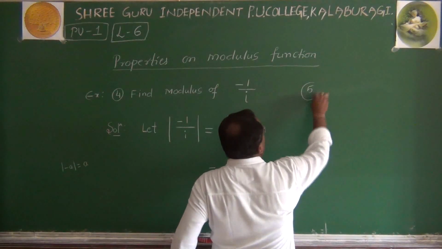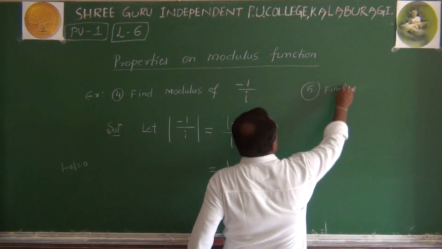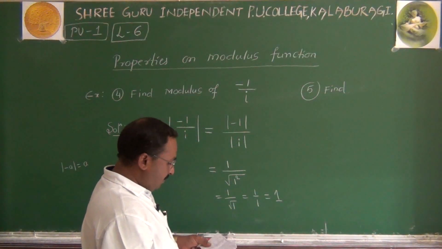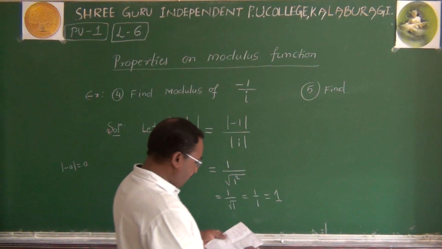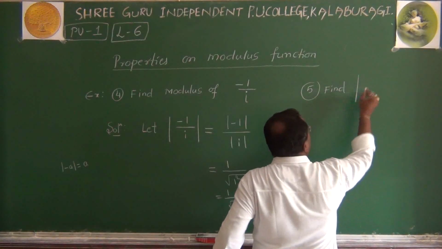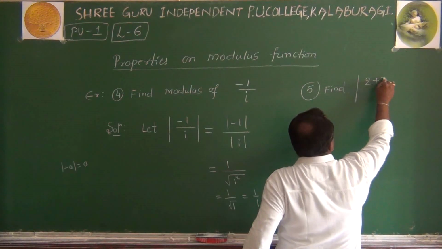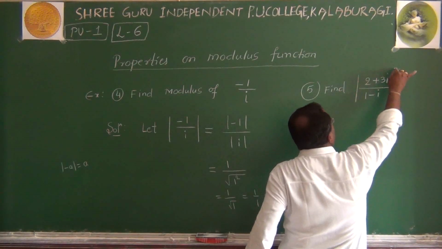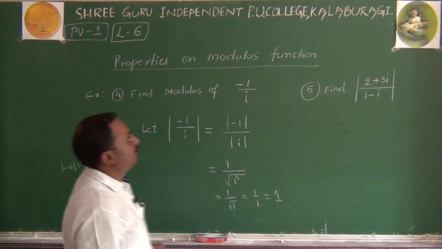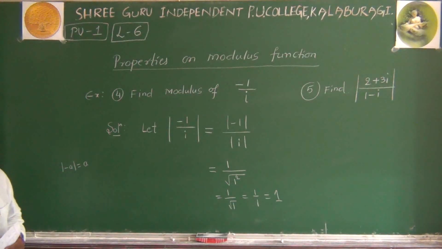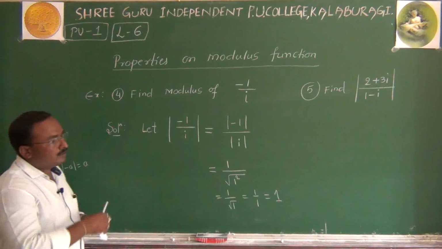Next, example number 5. Find the modulus of 2 plus 3i divided by 1 minus i. This is for your homework. Do it at home.